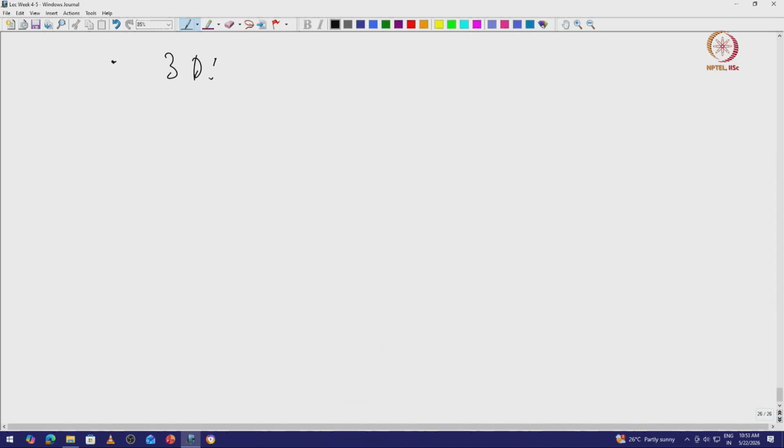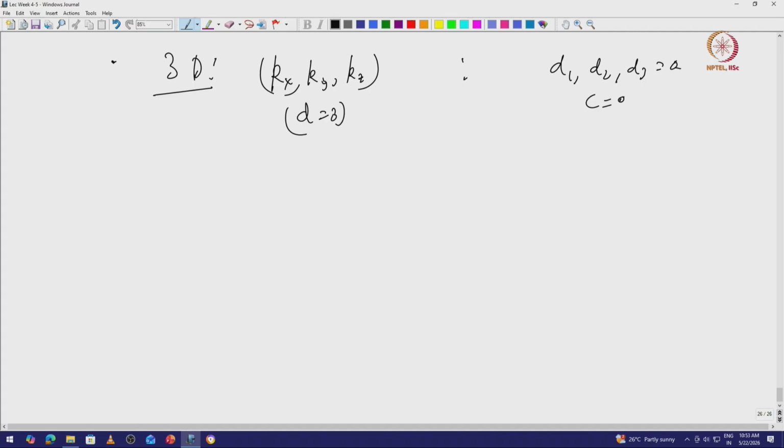3D is trivial or easy because we have d equal to 3 and then you will have d1, d2, d3 equal to 0. So your codimension also matches, so it is a homeomorphism. So now you can have a Dirac cone, a 3D Dirac cone at some point.